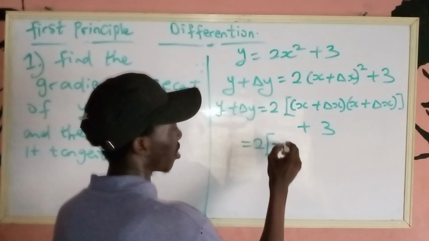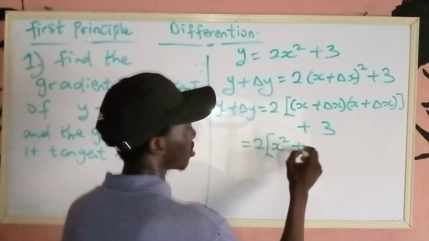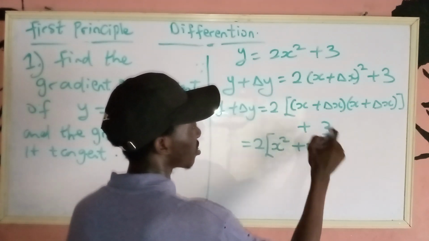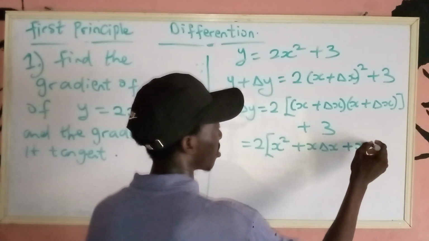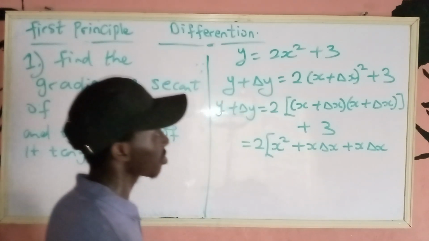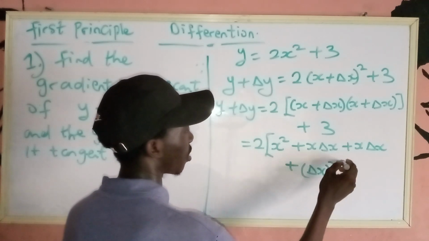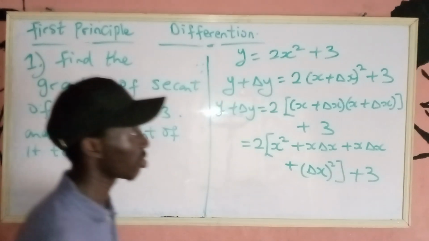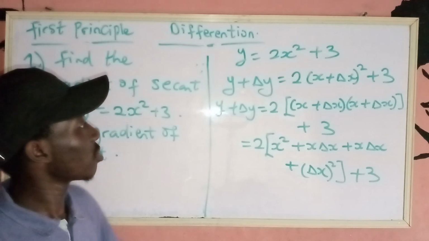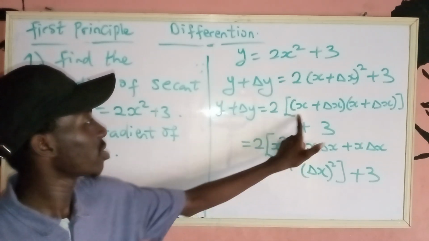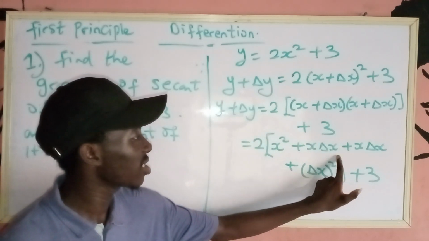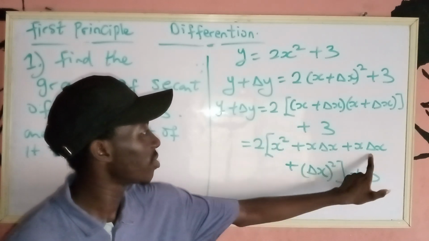This is x squared. This is x change in x. Another x change in x, plus change in x all squared, plus 3. You can say I multiply this: I have x squared. This and this, I have x and change in x. This and this, I also have x and change in x.